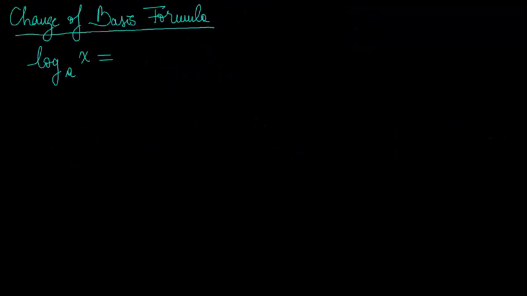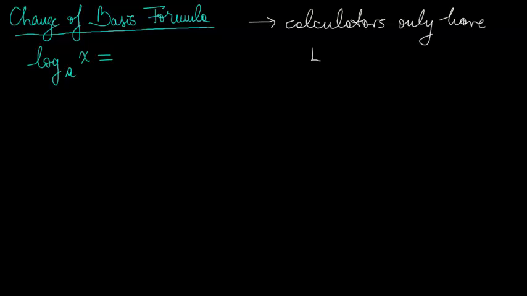Finally, let's look at the so-called change of base formula. This is a formula that's very useful when you have to compute logs exactly with your calculator, and it's not one of the simple logs that you can just do in your head. So the problem with using a calculator is that our calculators only have the buttons ln of x, which is base e, and log of x, which is base 10.